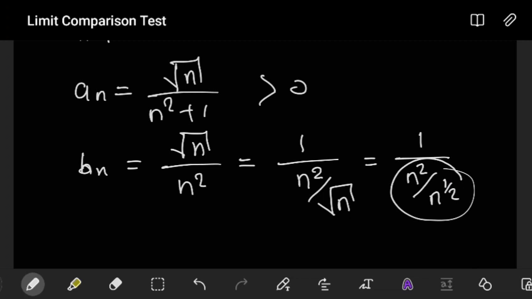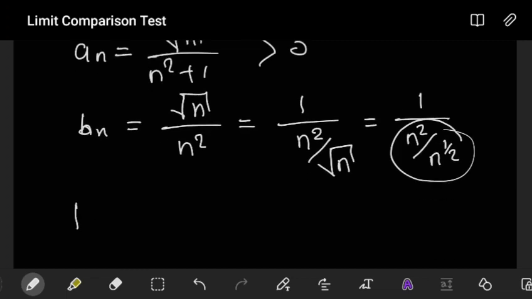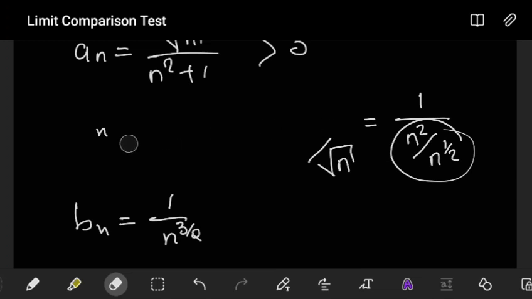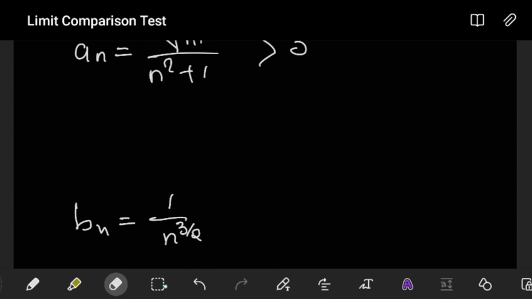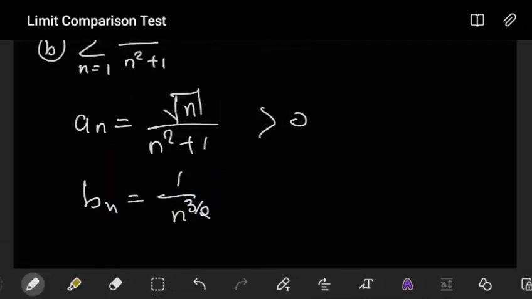If I'm dividing same base, it means that I can just subtract the powers, so that in the end, our bn can be seen as 1 over n to the power 3 over 2. So this is what our bn has reduced to become. And when you look at our bn, also, regardless of what n is, since n is from 1 to infinity, you'll see that this will always be greater than 0. So this part checks out.